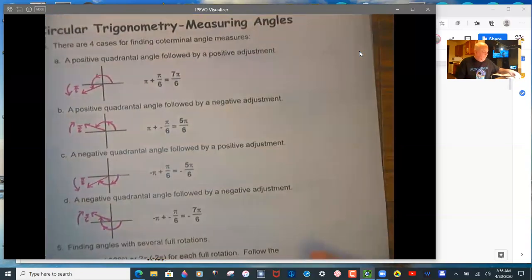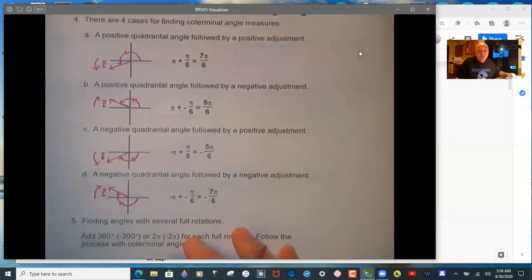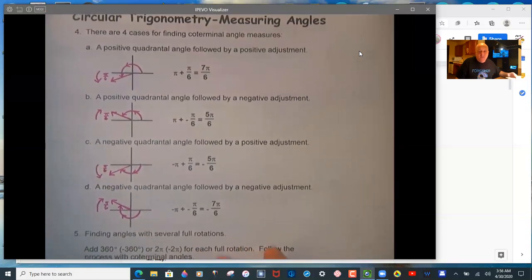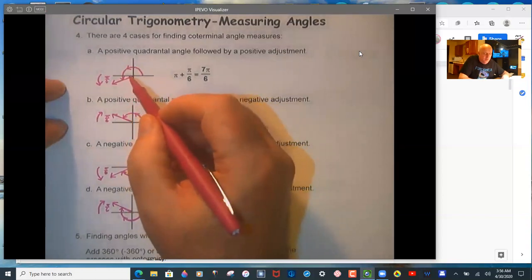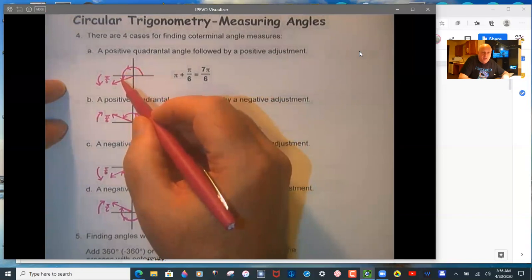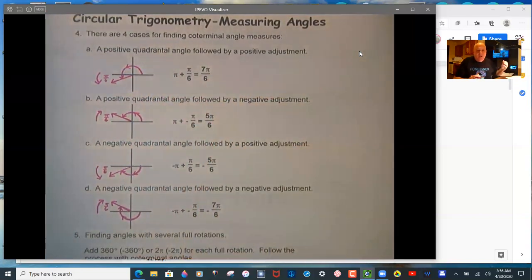If you don't have scale marks, this is how things are going to look. You need to use what I call quadrant adjustments. Okay, so if you had this and there were no scale marks, you've got pi plus pi over 6 to do. On your calculator, you would do 1 plus 1/6.